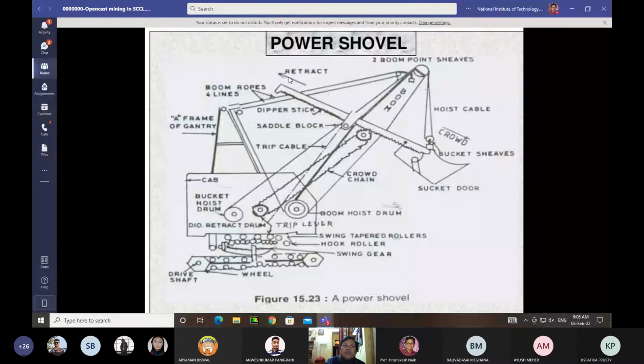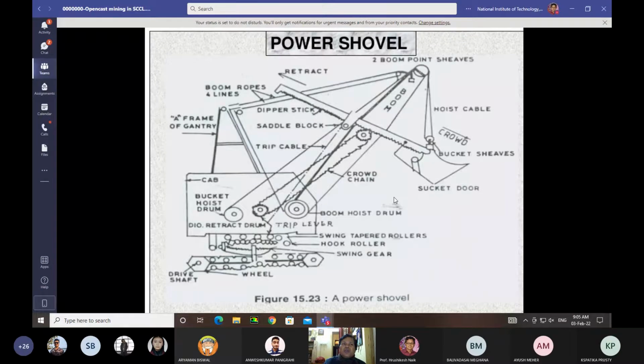This is the ropes and lines. This is the crowd chain. This is the boom hoist drum. This is the trip lever. This is the retreat drum. So this is a schematic diagram of a power shovel.